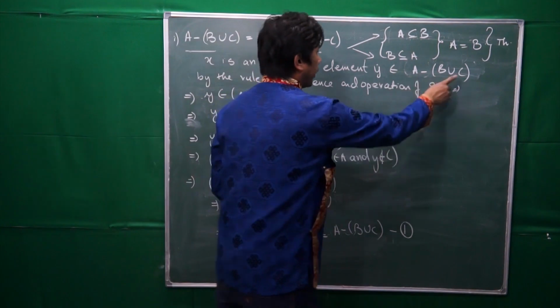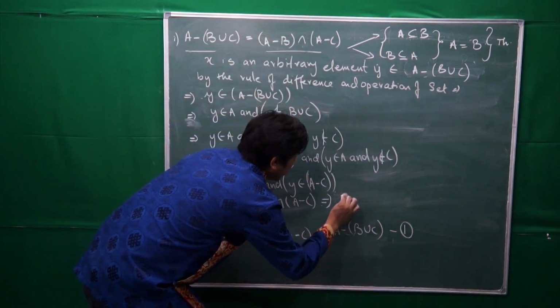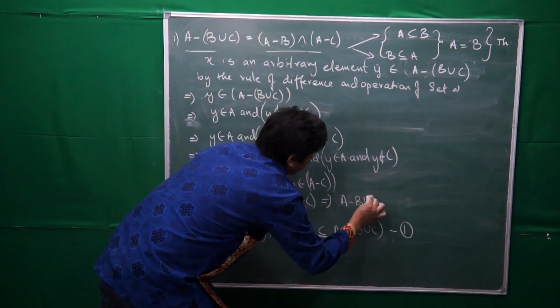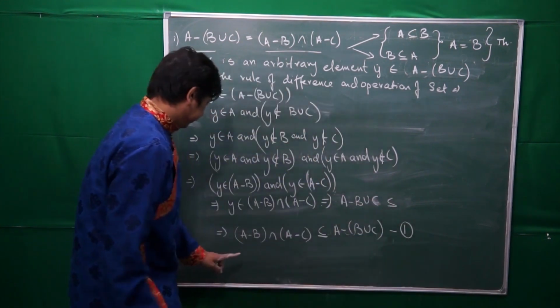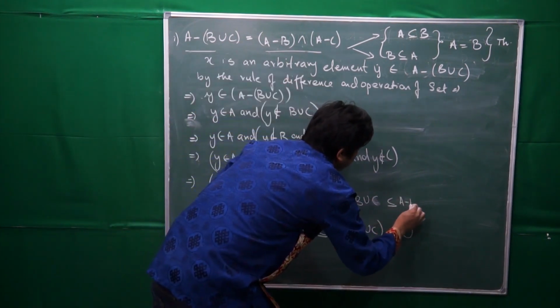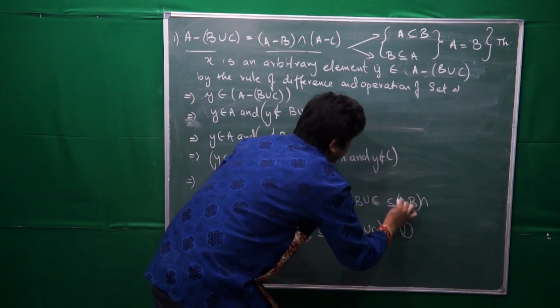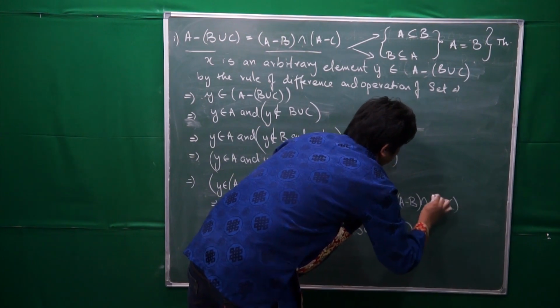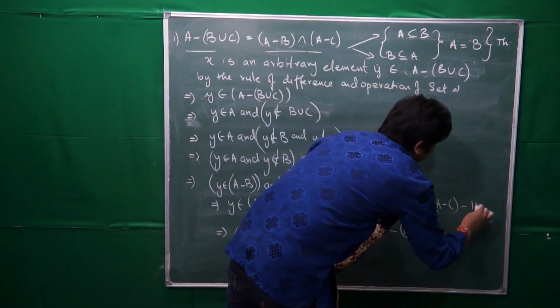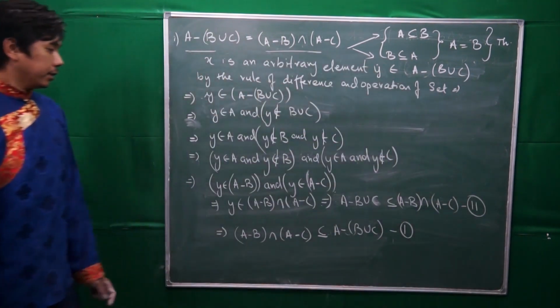We began from A minus (B union C). So we can write A minus (B union C) is a subset of (A minus B) intersection (A minus C). Okay, now this is equation number 2.